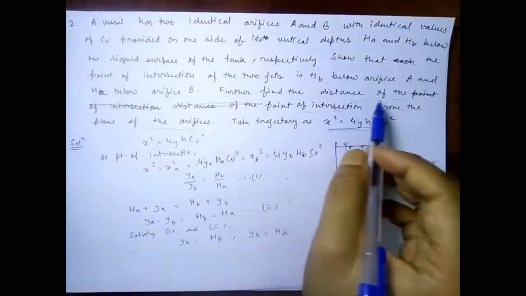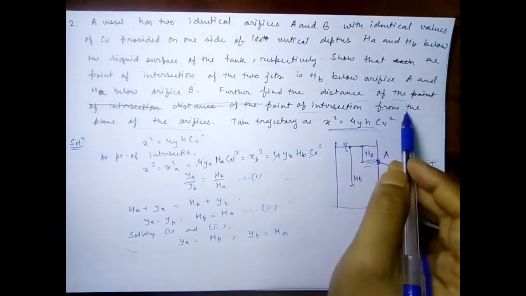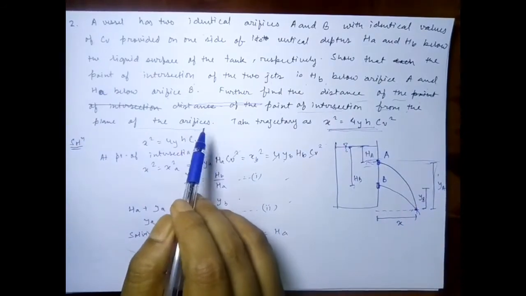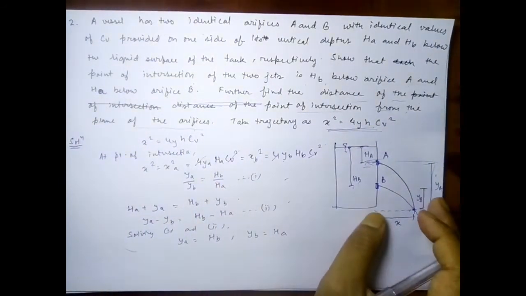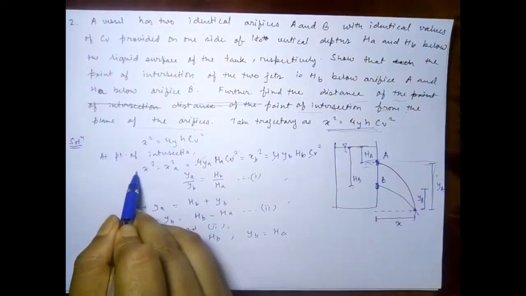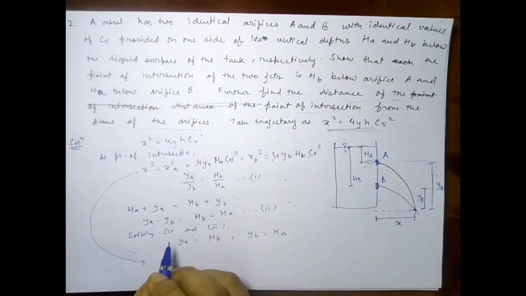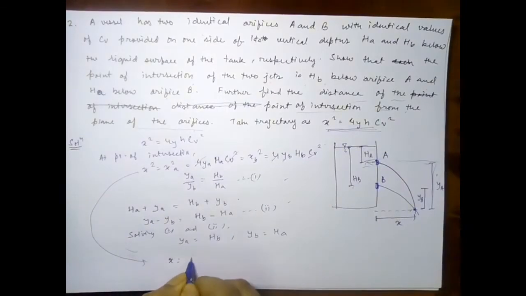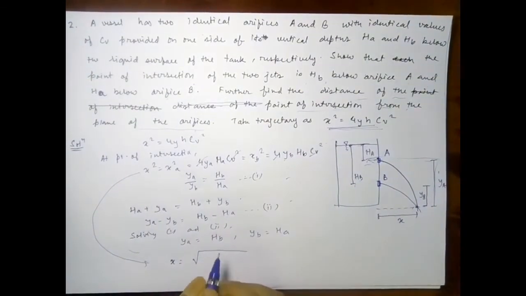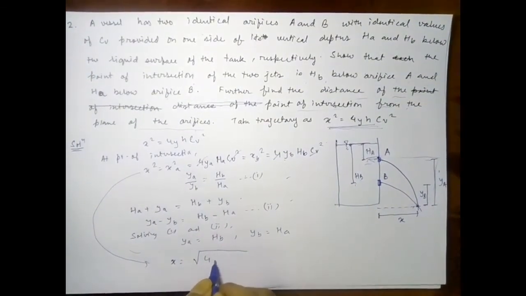We are also asked to find the distance of the point of intersection from the plane of the orifice, that is basically we have to find x. So from here I can say that x is equal to square root of 4.